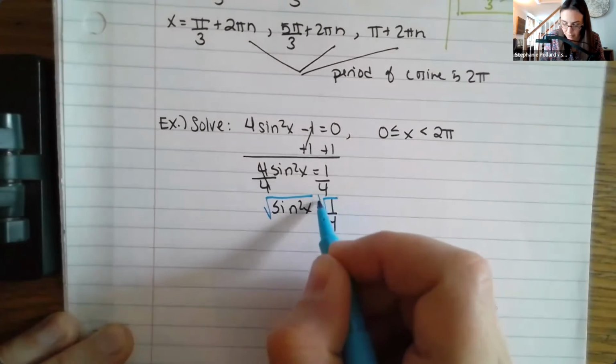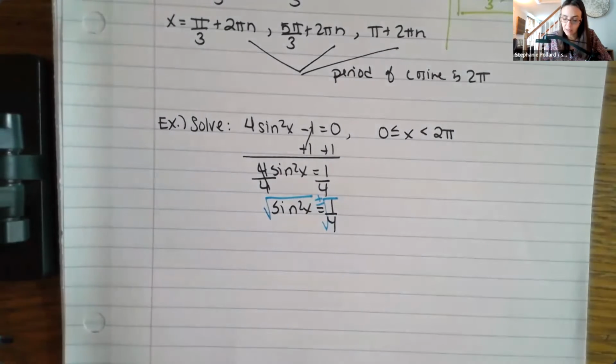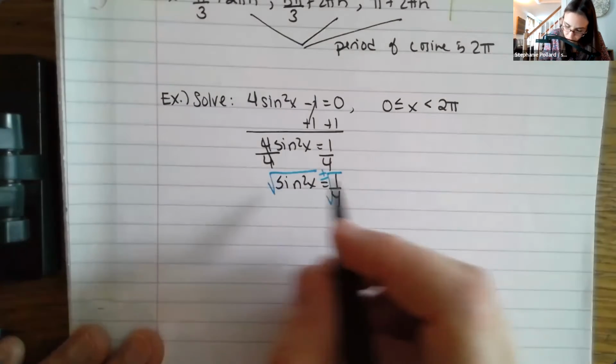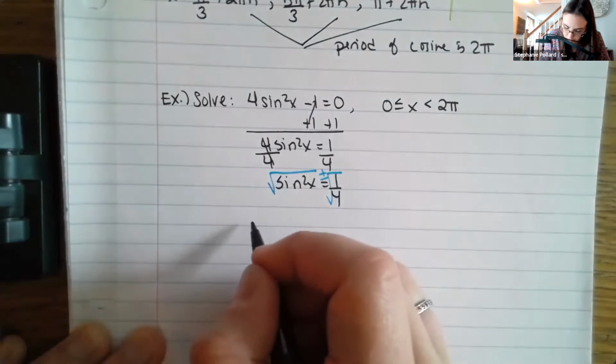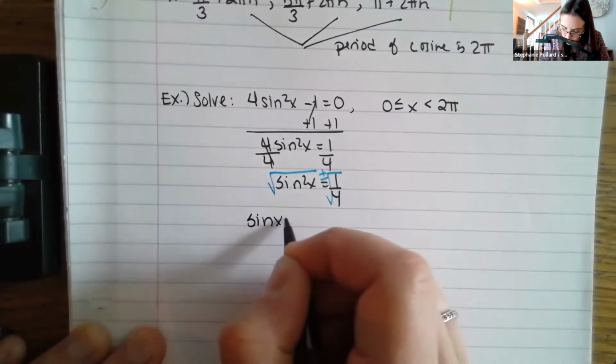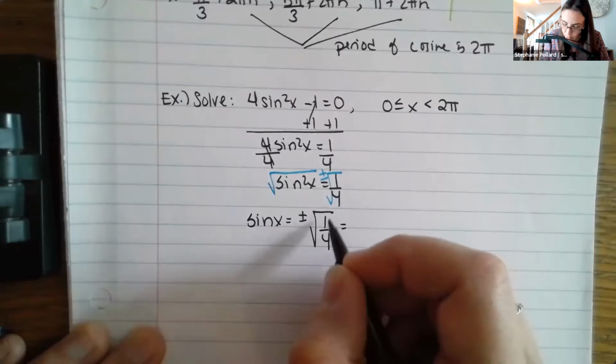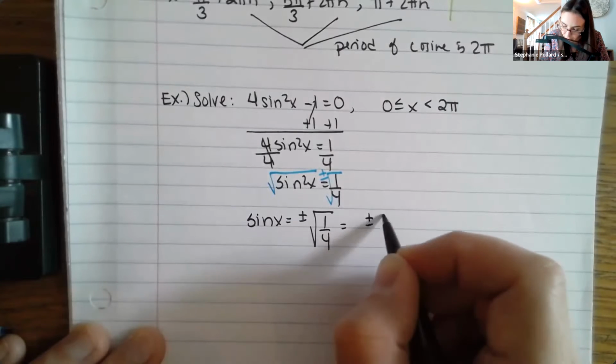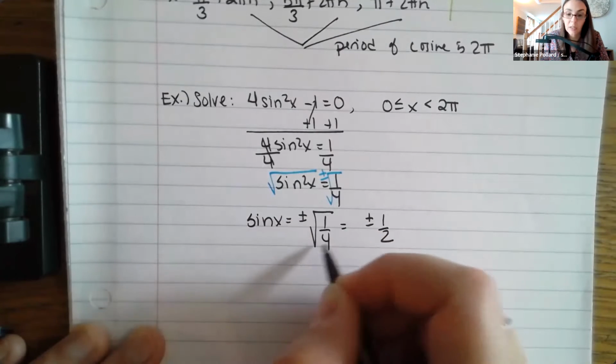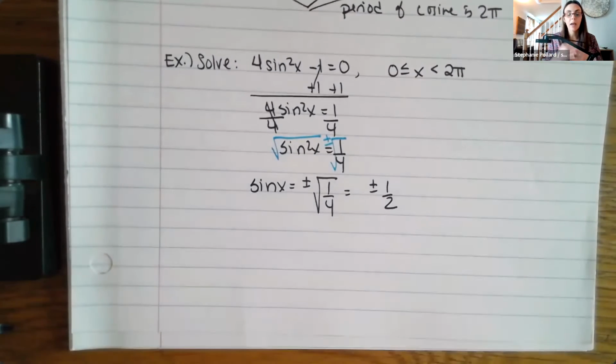It is plus or minus here because we're not just restricted to the first quadrant. So sine x is equal to plus or minus the square root of 1/4. But the square root of 1/4 is just 1/2, right? Square root of 1 is 1, square root of 4 is 2. So we're looking at where sine x is positive or negative 1/2.